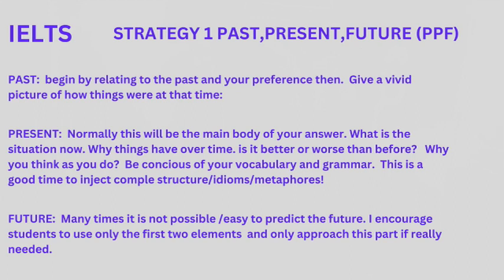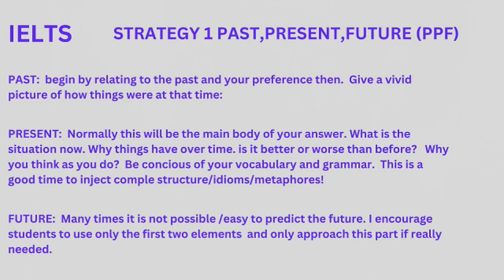It's important you use the information: past, present and future. It's only 2 minutes, so 30 seconds for the past, that's not a lot of talking. A minute for how things are now, and 30 seconds for the future. That does it all. So that's one strategy.